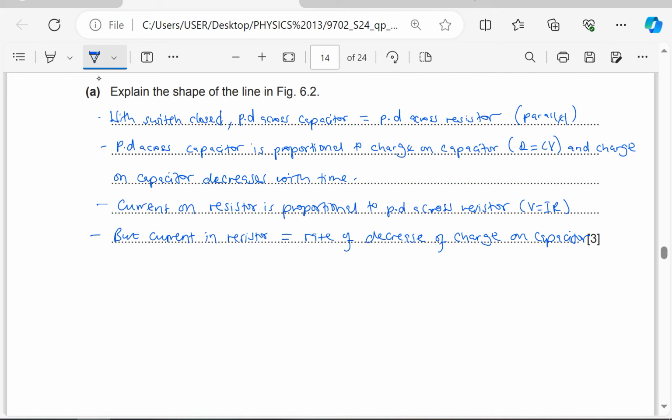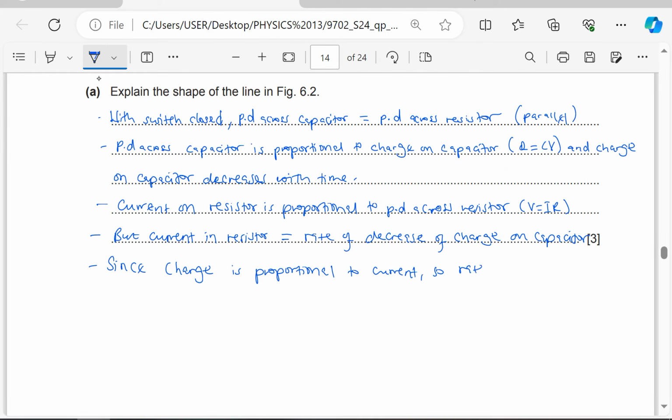And of course, charge is proportional to current. So the rate of decrease of the current is going to decrease. Since charge is proportional to current, the rate of decrease of current decreases as the current decreases.